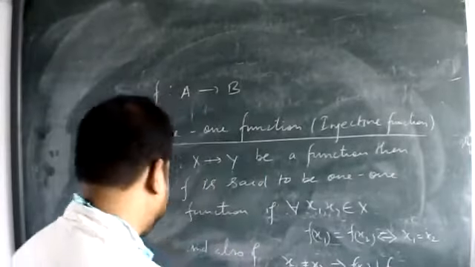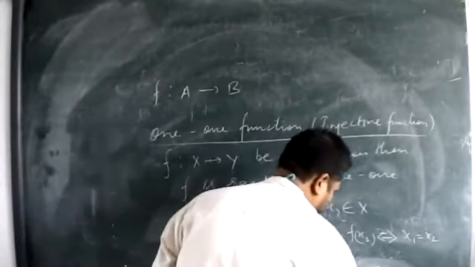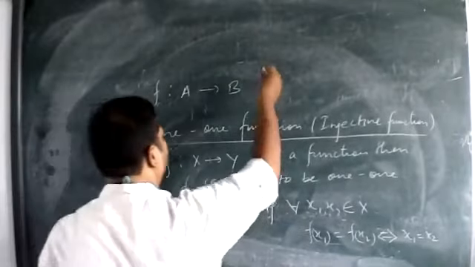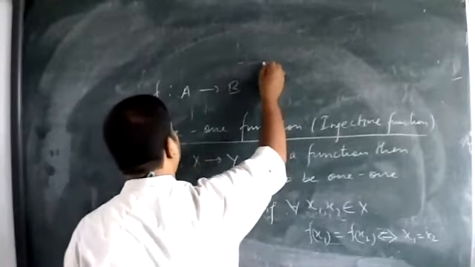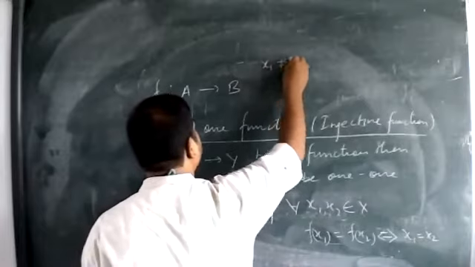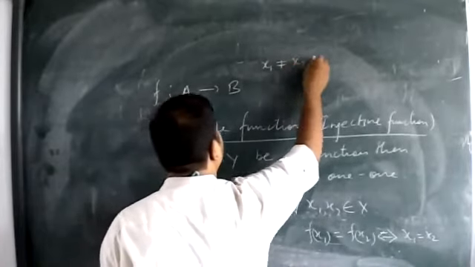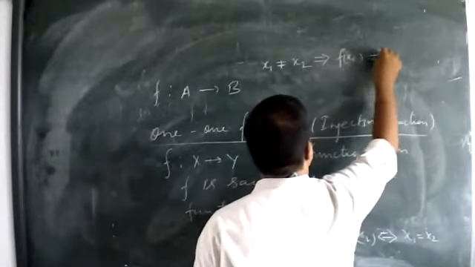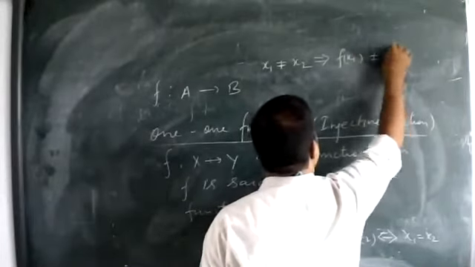We can write outside. This is the definition which is already given in the books, but this is most important. The function is said to be one-one if x1 does not equal x2 implies fx1 does not equal fx2.